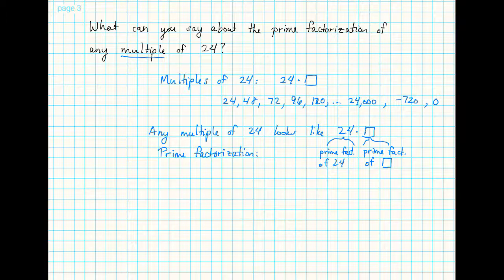So if I know what the prime factorization is of 24, I can say any multiple of 24 is going to have those same prime factors in it.